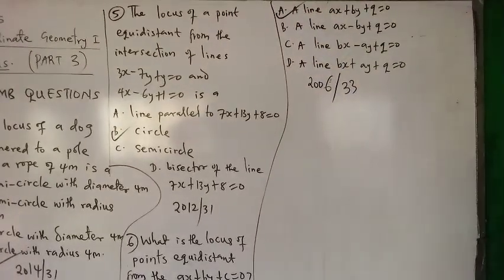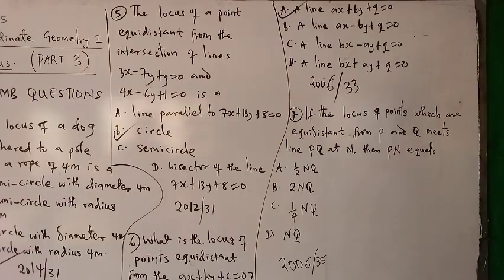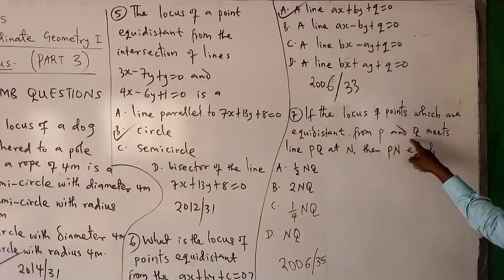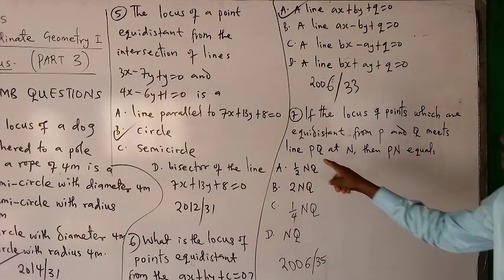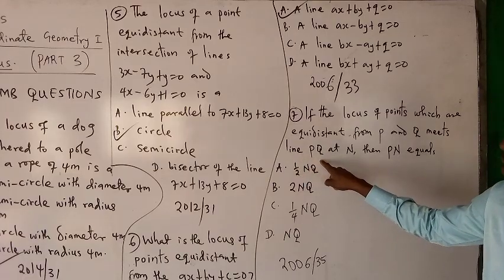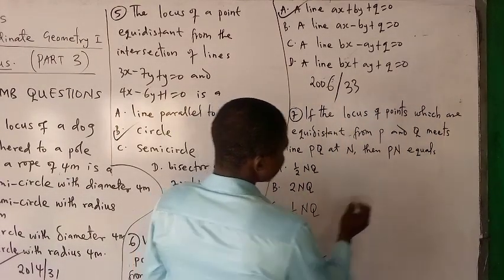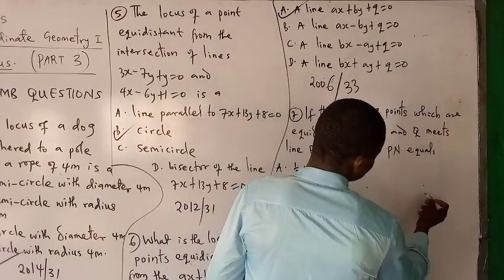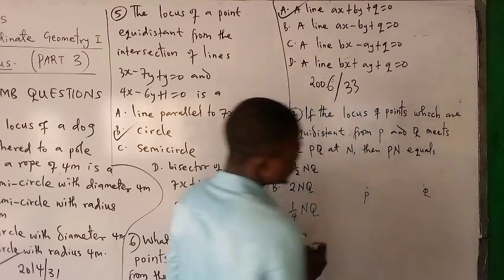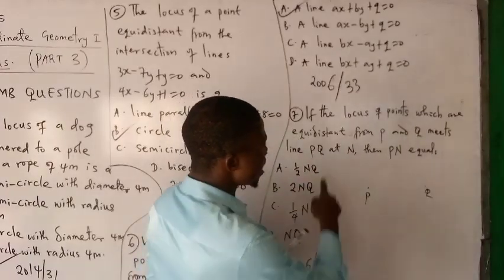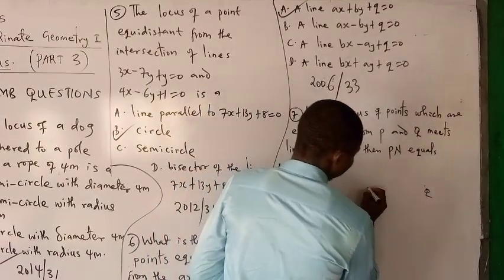Next question, next number, let's solve. The question says, if the locus of points which are equidistant from P and Q meets a line PQ at N, then PN equals what? Let's just make a sketch. This is P, this is Q. It says the locus of points which are equidistant from P and Q, which means I have to join this line, right?